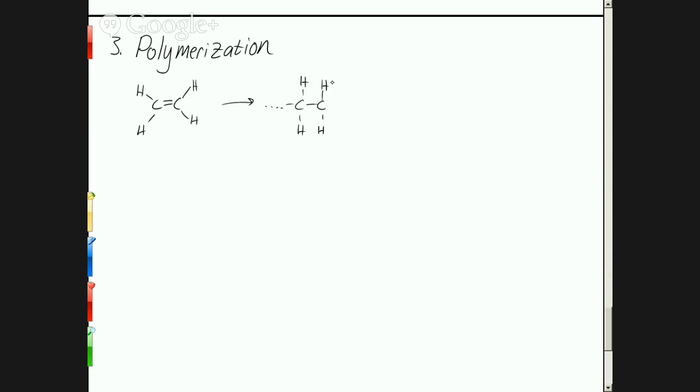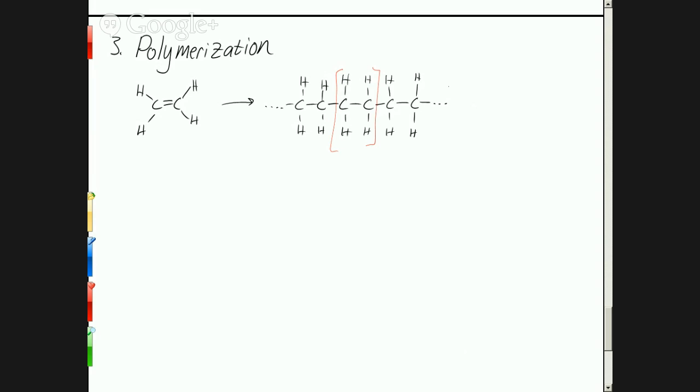So we still have our ethylene unit, our C2H4, but we don't have that double bond anymore. And instead, the carbons fill their valences by connecting to other ethylene molecules. And so you can see the individual ethylene units here connected to each other.